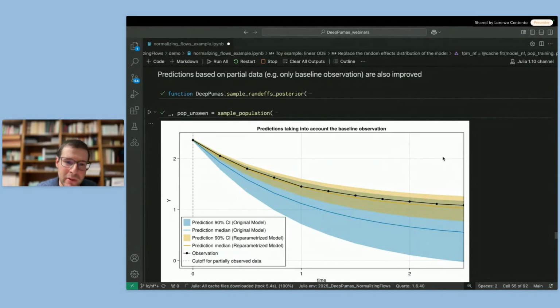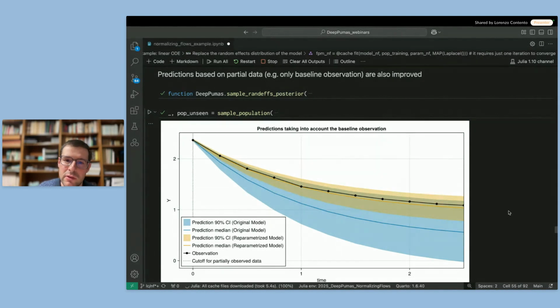This is, for example, the case of personalized medicine, or also in oncology: if you have a tumor growth model, it would allow you to predict the future trajectory of tumor growth size given the first observations.